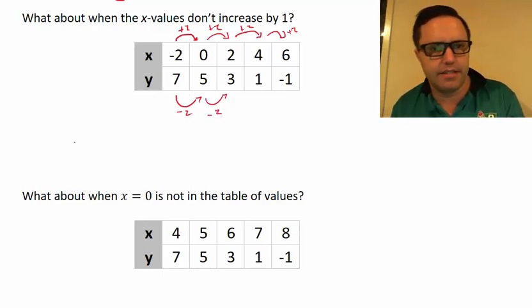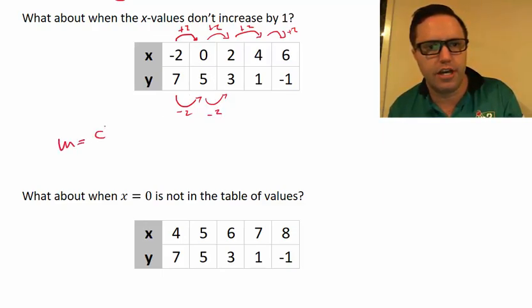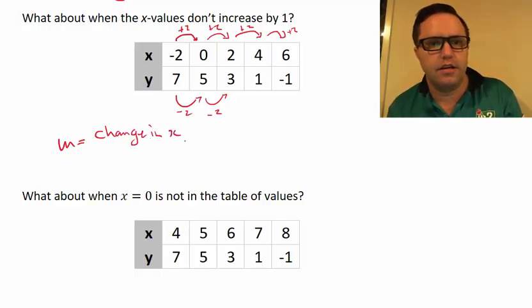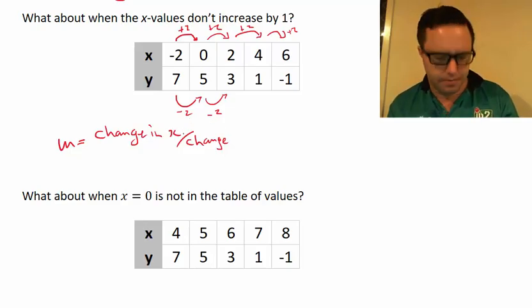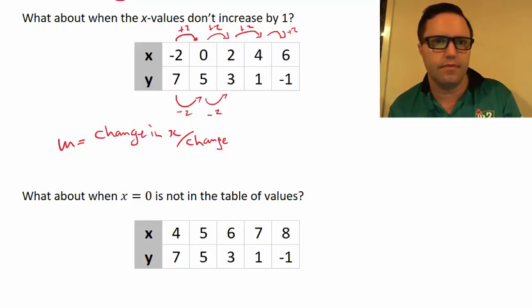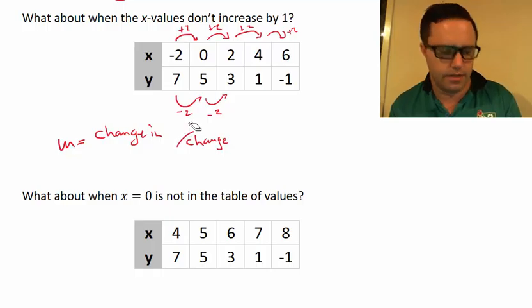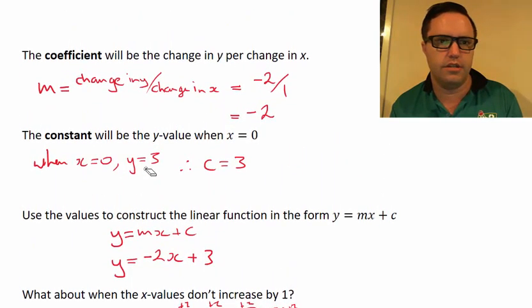Now, what this means is that, remember, m is equal to the change in y per change in x. Is that what I set up above? Let's just make sure. Yep.